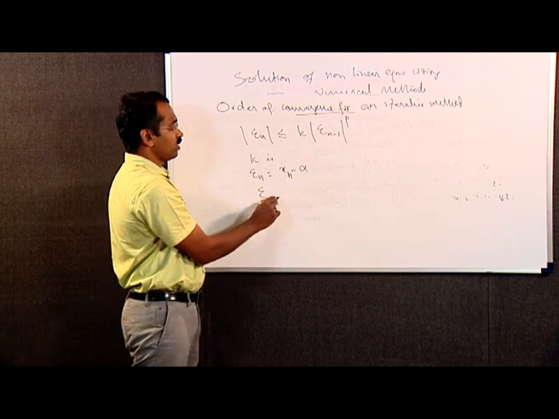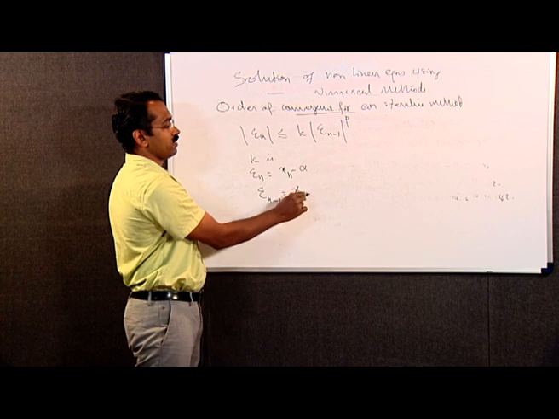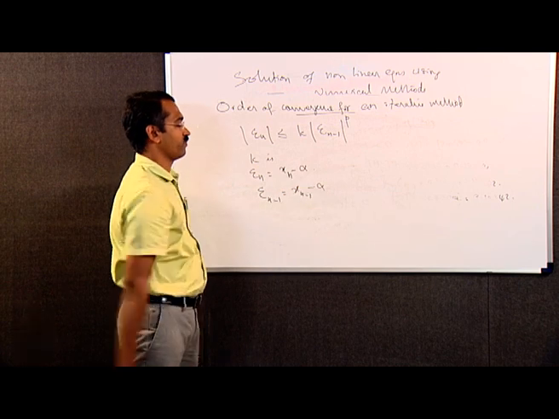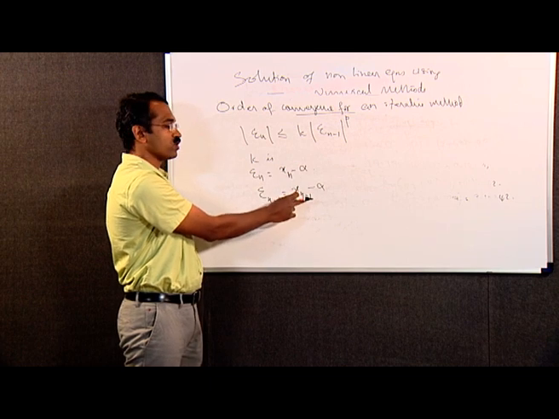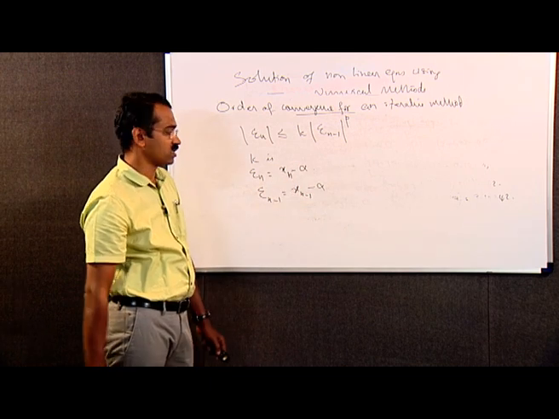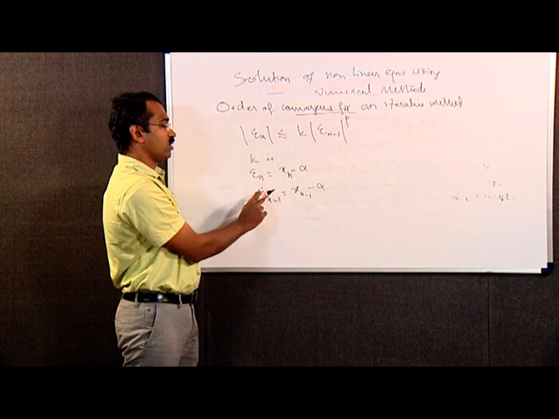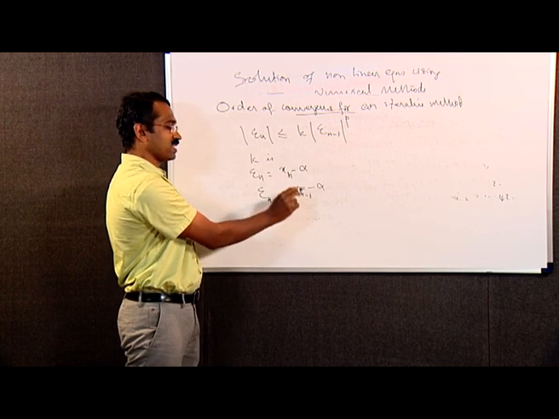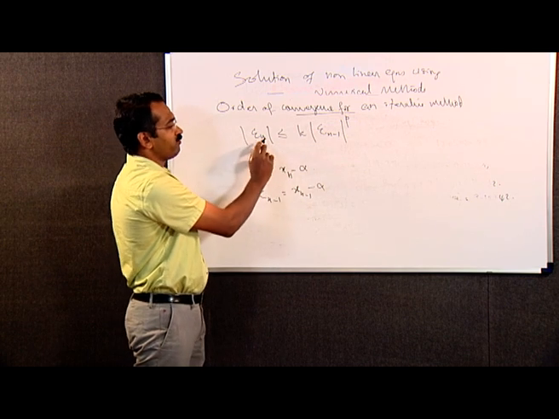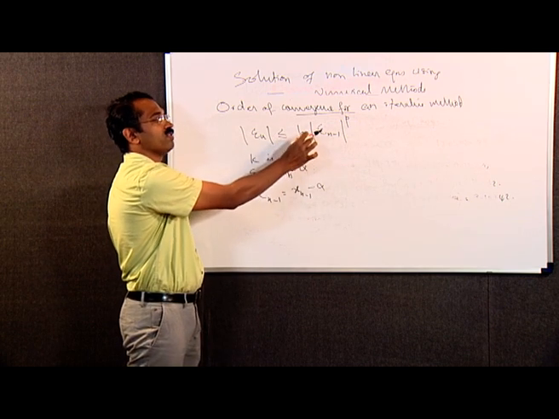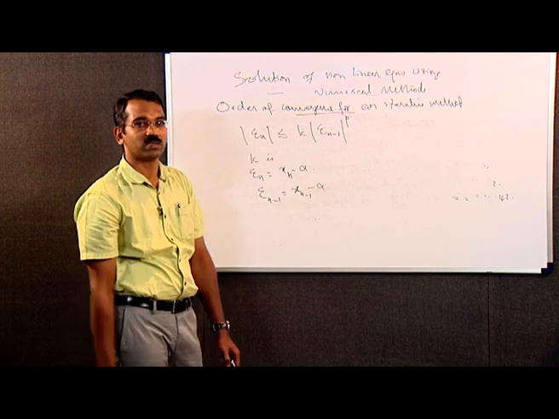Epsilon n minus 1 is equal to x n minus 1 minus alpha, where x n minus 1 is the approximate root of the exact root. If this condition holds, we say that the order of convergence is p.